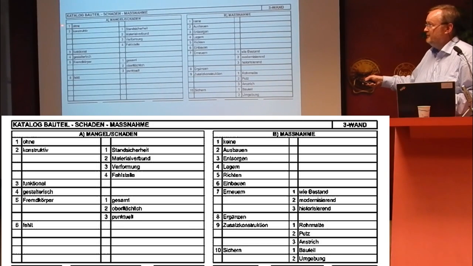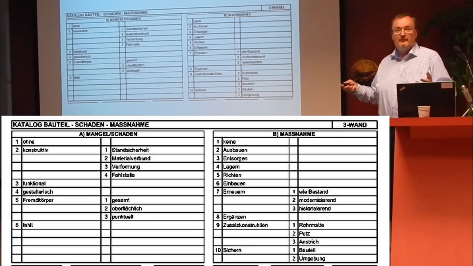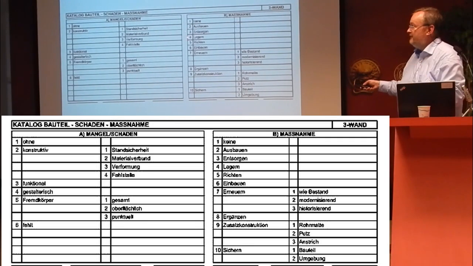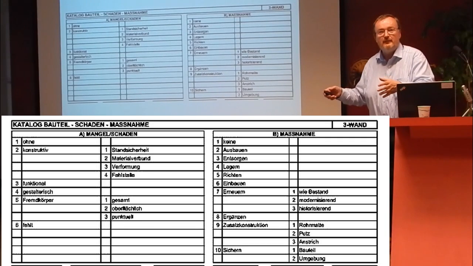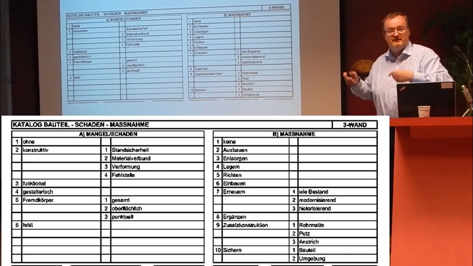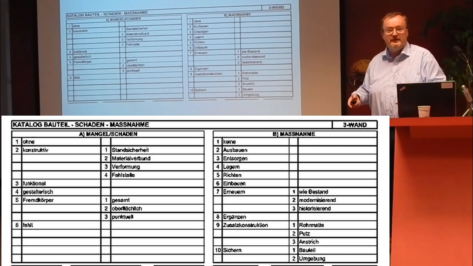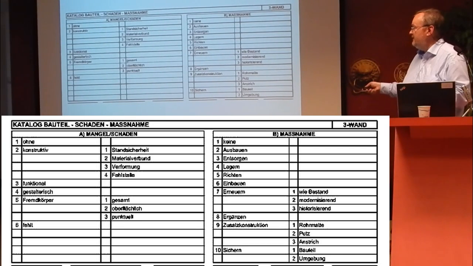It's normal, no damage, no measure, no work. Second, take it away. Third, throw it away. 4, store it for a moment to get it in later again. 5, correct it. 6, build it in new, renovate it. 7, renew it.